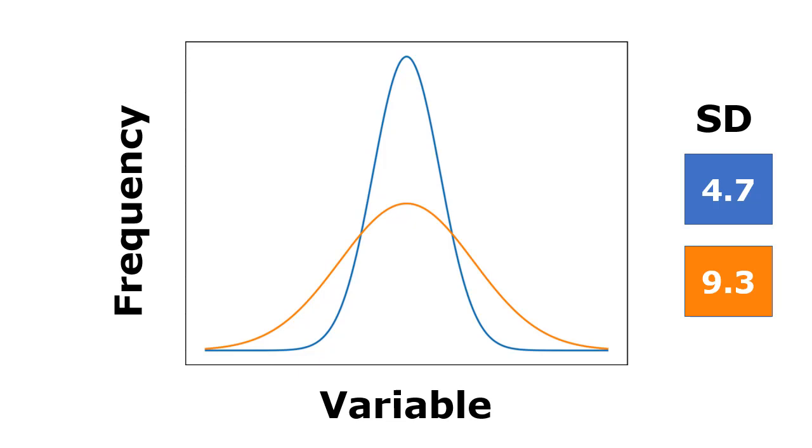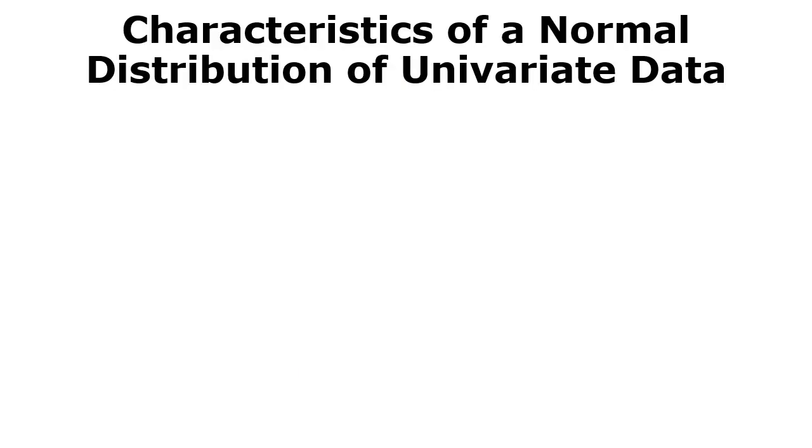Again, the variable is on the x-axis and frequency is on the y-axis. And if you had a larger standard deviation, in this case going up to 9.3, you would see a different shape to that curve. Now, this is exaggerated, and the peaks would be in different locations, but it just shows you that standard deviation does control the shape of a distribution.